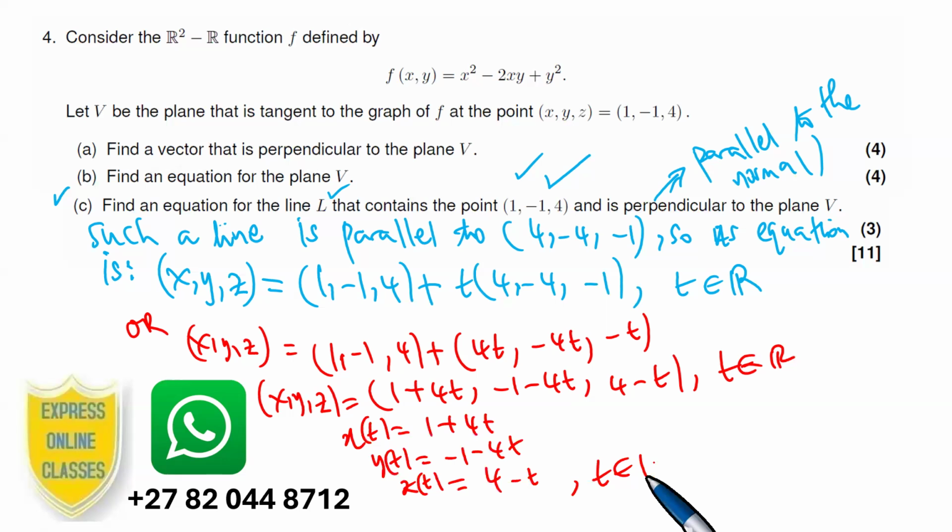And t is an element of the set of real numbers. So to find the equation of a line, this is exactly what we do. We put a point plus t times the parallel vector. So you have 1, minus 1, 4.